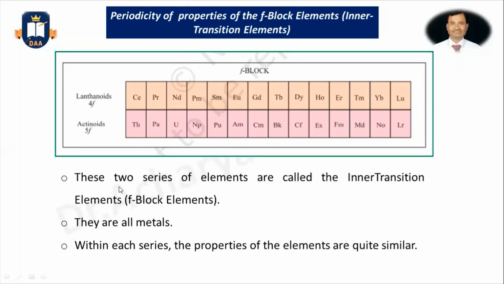So these two series of elements are called the inner transition elements or F block elements, and they are all metals. Within each series, that means the lanthanoid series or the actinoid series, the properties of the elements are quite similar.